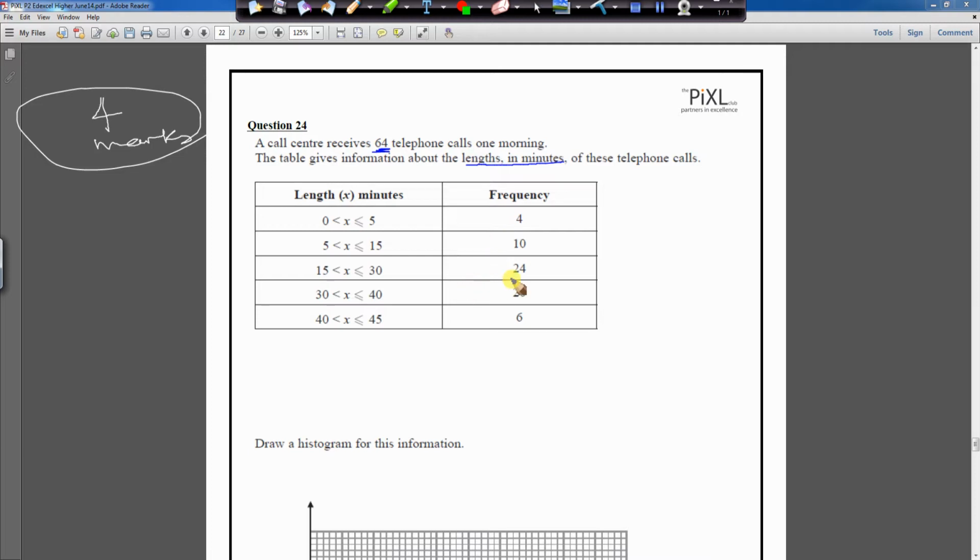Now, whenever we do a histogram, we need to be looking at the following formula.